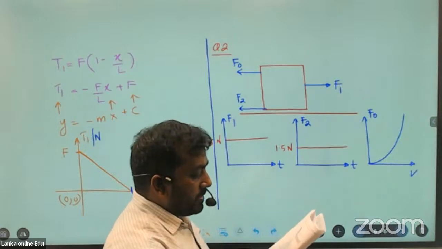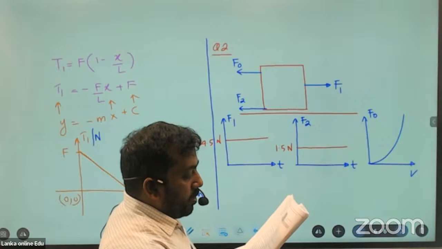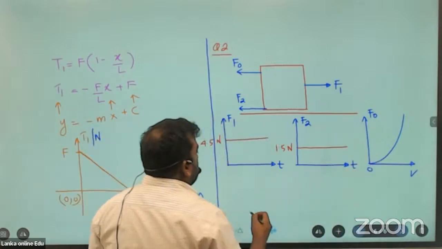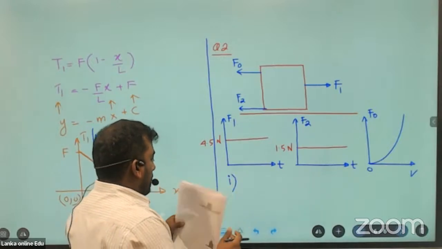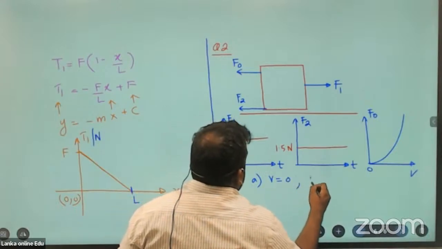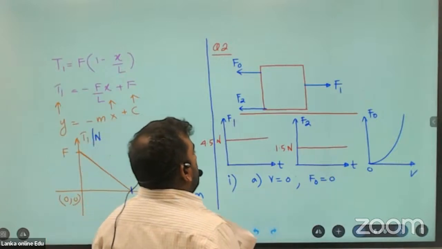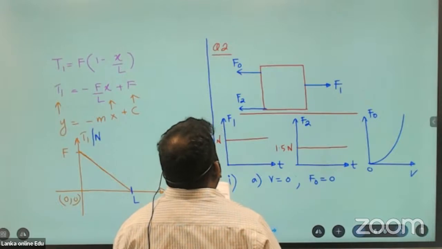Answer the following questions using the graphs. What is the resultant force acting on the object when the initial velocity is 0? So velocity 0 means air resistance is 0. Part A: V0 means F0 is equal to 0. What's the resultant force?